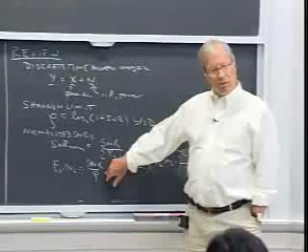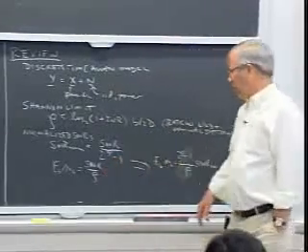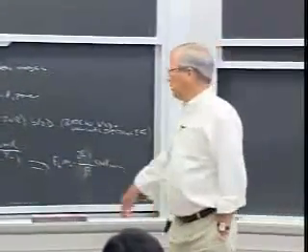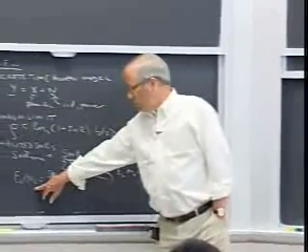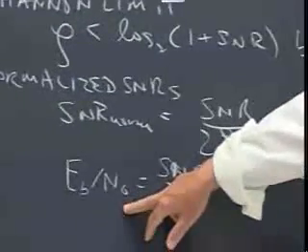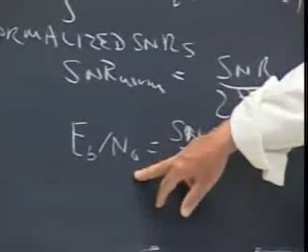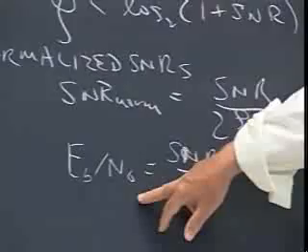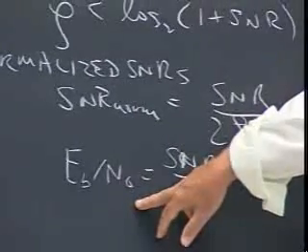If you don't know those yet, you will by the end of this lecture. And Eb over N0 is what was put forward in the early days when the principal coding application was coding for deep space communications.